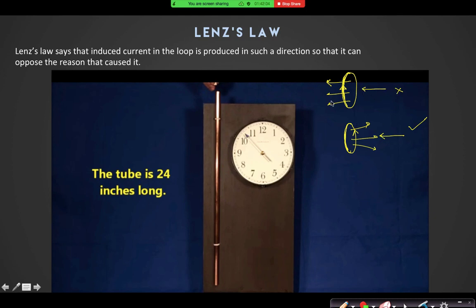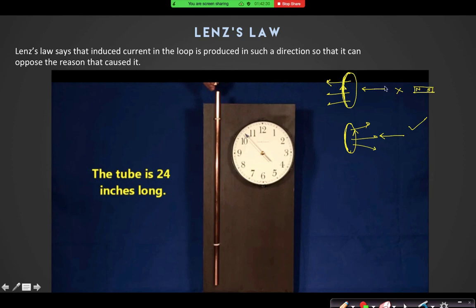Now let us try to understand Lenz's law in just the opposite way. Can I say that this loop can be assumed to be a bar magnet having a north pole and south pole in this direction, if I assume the current in this direction?